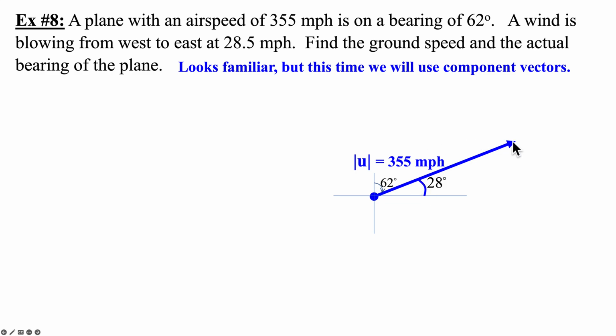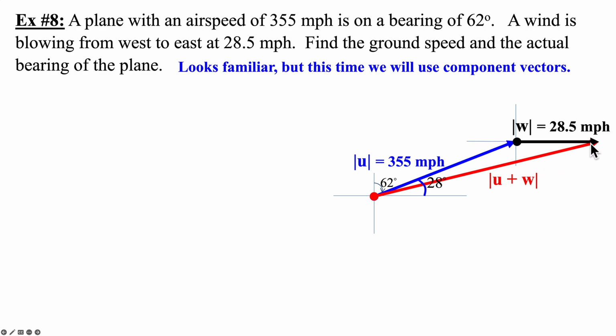All right, at the tip of this point, it all of a sudden encounters a west to east wind at 28.5 miles per hour. There's that vector. And now my resultant vector is right here.